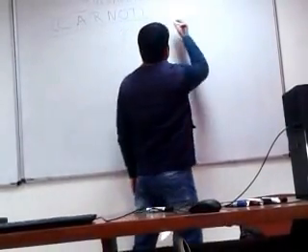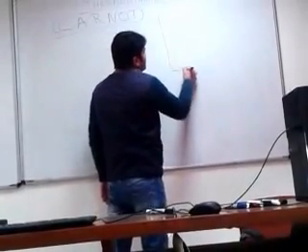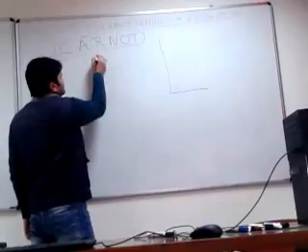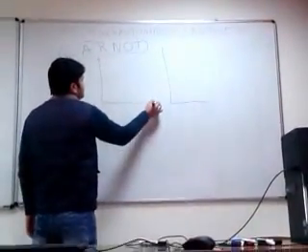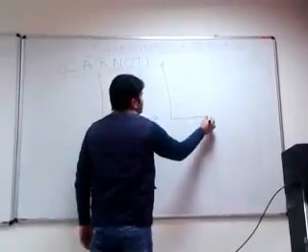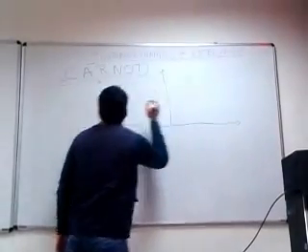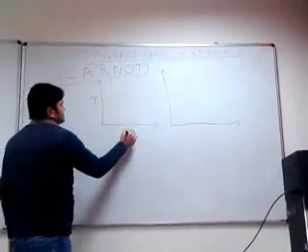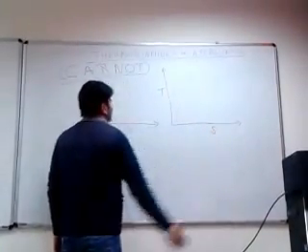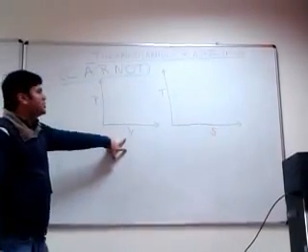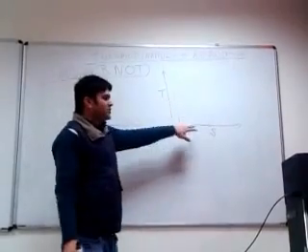So on a PV diagram, and the second graph is the TS diagram. P for pressure, V for volume, T for temperature, and S for entropy.